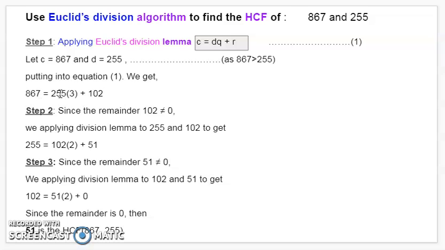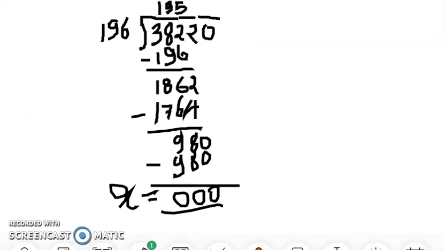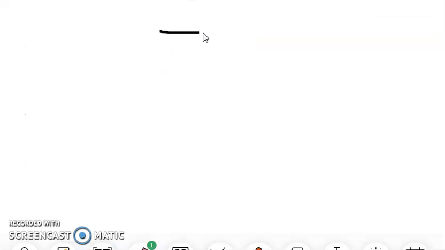Let's see. 255 into 867, we have to divide this value.